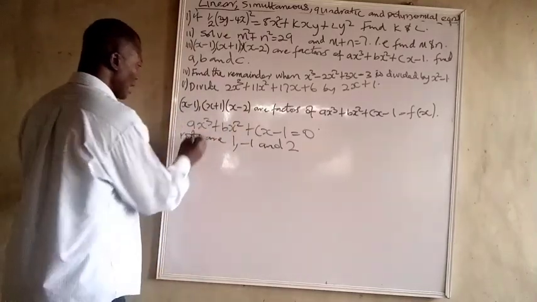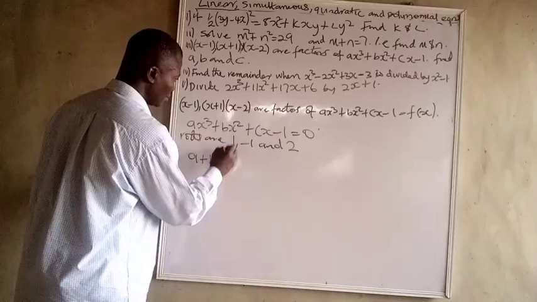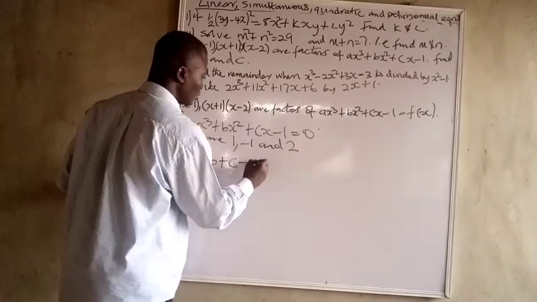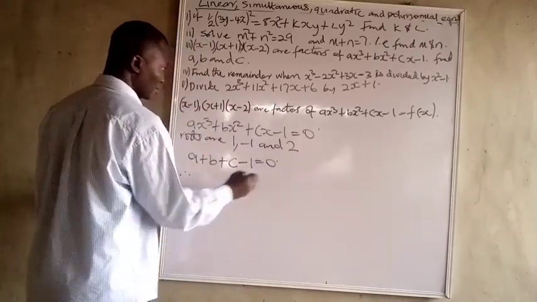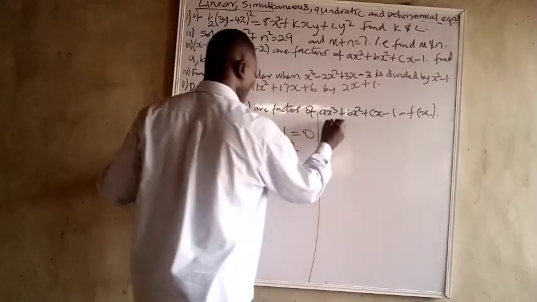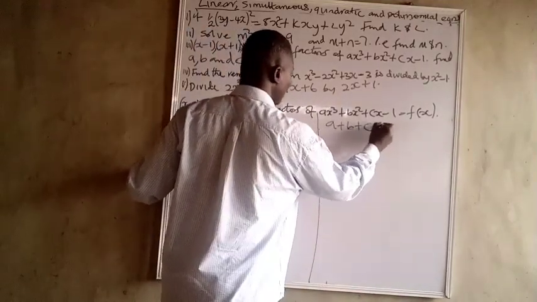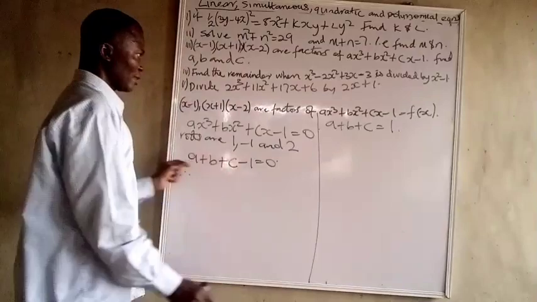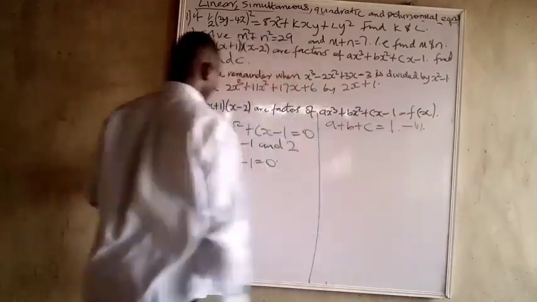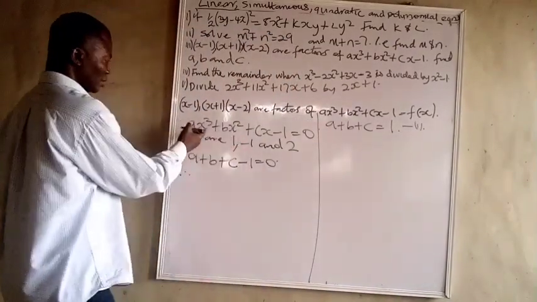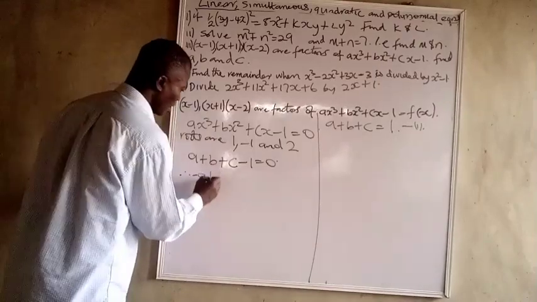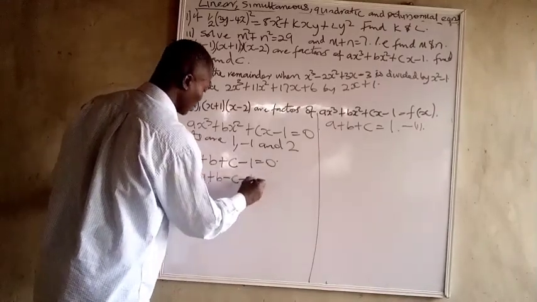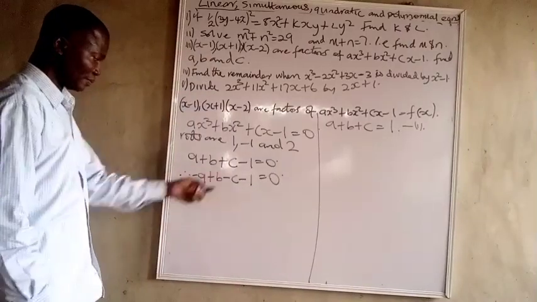Now let me put 1 here. I have a plus b plus c minus 1 equals 0. Therefore, a plus b plus c equals 1. That's the first one. The next one, if I input minus 1, I have minus a plus b minus c minus 1 equals 0.